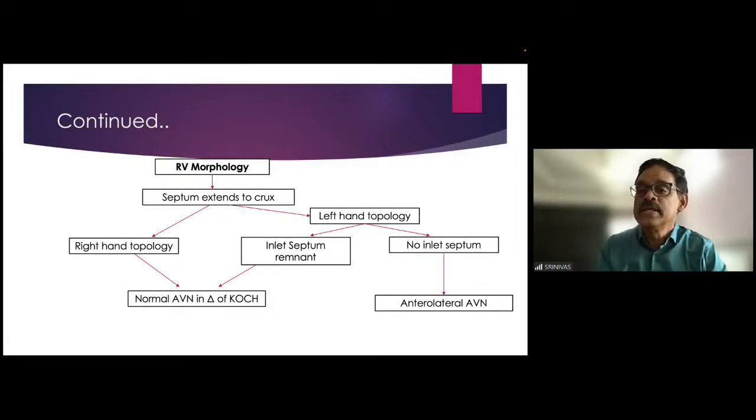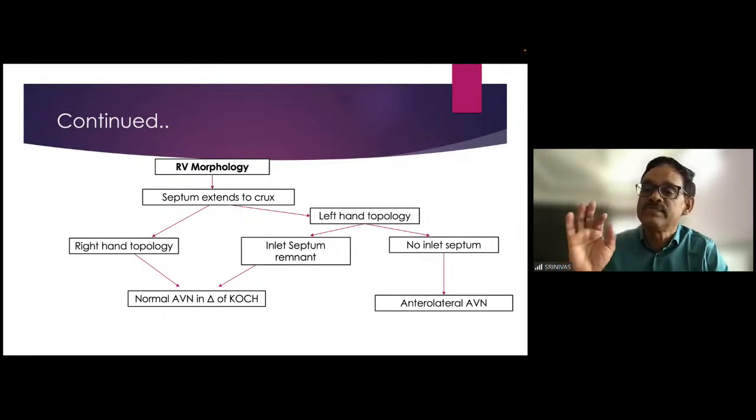So in other words, there will definitely, consistently be an anterolateral AV node in single ventricle of LV morphology with or without inverted outlet chamber, and in single ventricle of indeterminate morphology where there is no interventricular septum at all. Sometimes in single ventricle of RV morphology with left-hand topology, where the dominant RV is on the left side, there may be an anterolateral AV node.